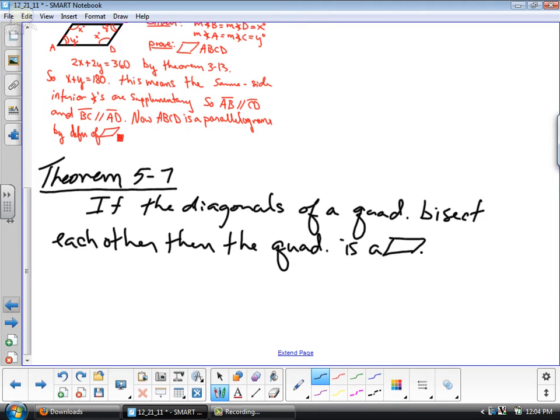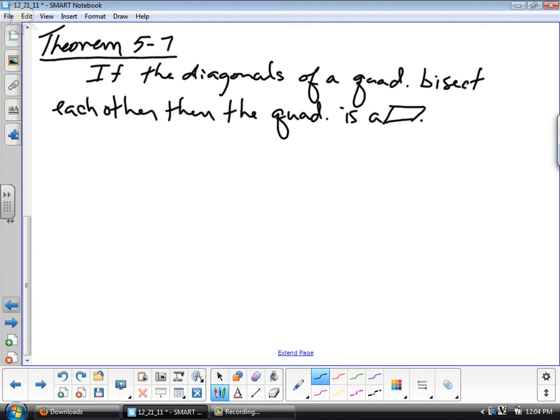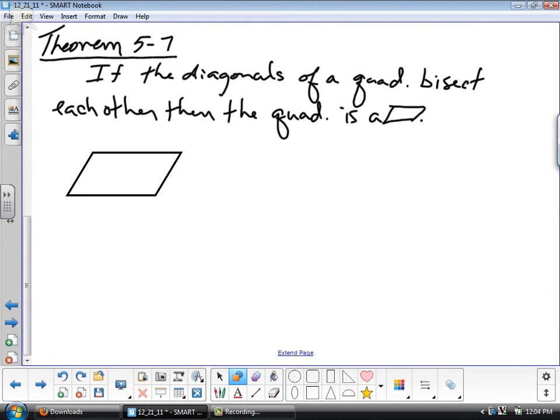All right, almost done here, guys. So we have a quadrilateral, and what we know about this quadrilateral is that the diagonals bisect each other, which means they go through the midpoint of each other.